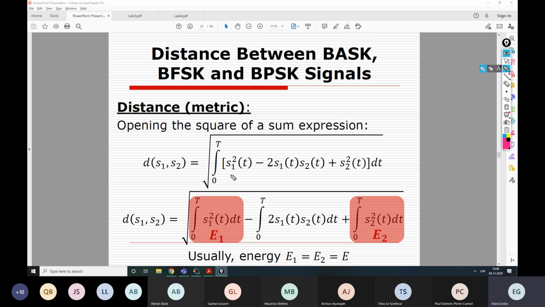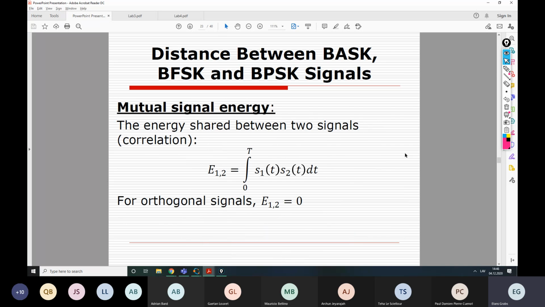So the energy of signal 1 is equal to the energy of signal 2. Once again, it's not always. For example, for amplitude shift keying, we have S2 equal to 0, and it also has 0 energy. But usually we try to use the same energies, if it's possible. For amplitude shift keying, it's impossible because amplitude actually is information.